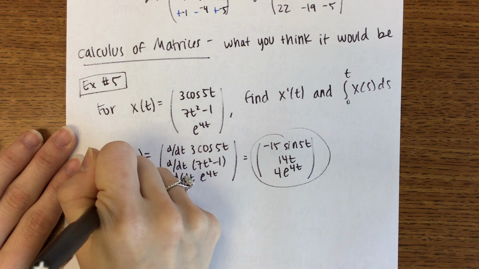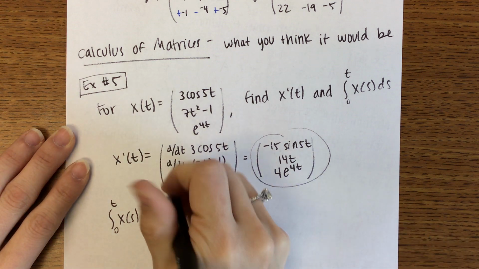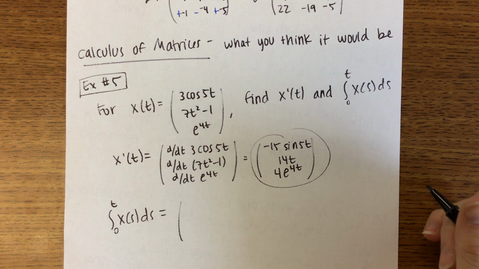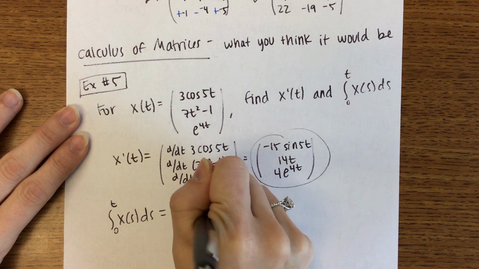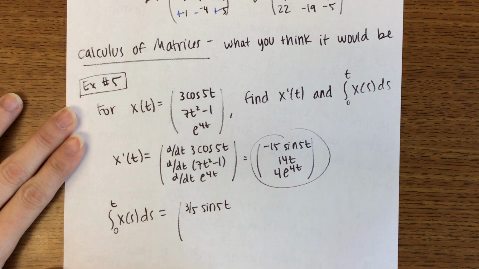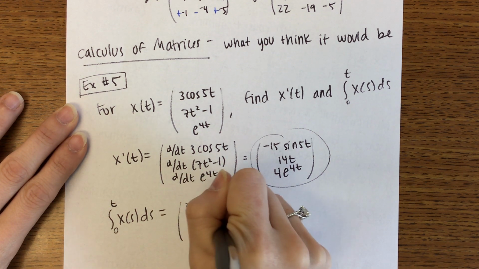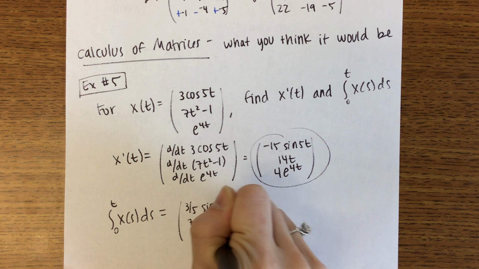If I ask you to integrate the matrix, you're just going to integrate every element. So if we integrate 3 cosine of 5t, we get 3/5 sine of 5t. And then we get 7/3 t cubed minus t, and then 1/4 e to the 4t.